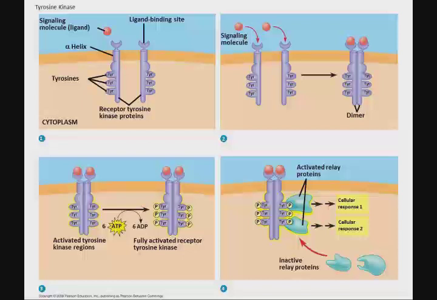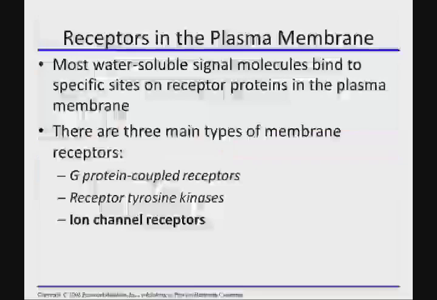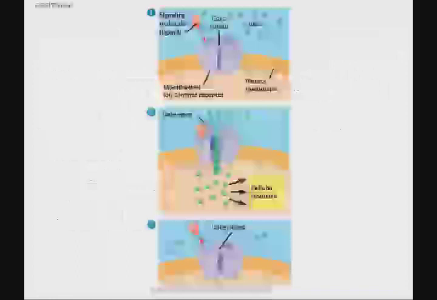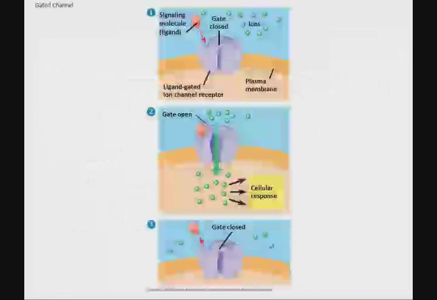So again, just another family that you should be familiar with, just another mechanism. There are many, many of these. Now, the final type that we want to talk about is super important. When you get into nerves and neurons and how they work, ion channels are going to be a big, big component of generating a nerve pulse, an action potential. But in this case, they are going to act just as a simple gate. Right?